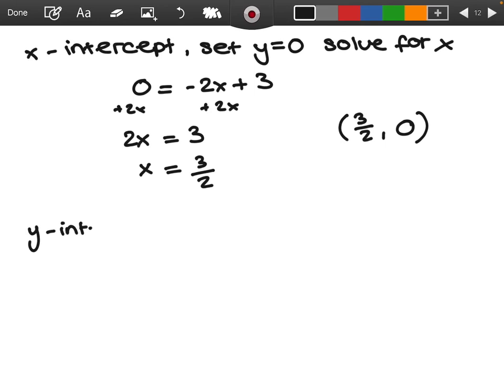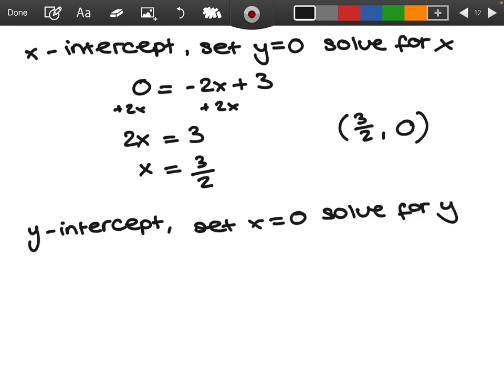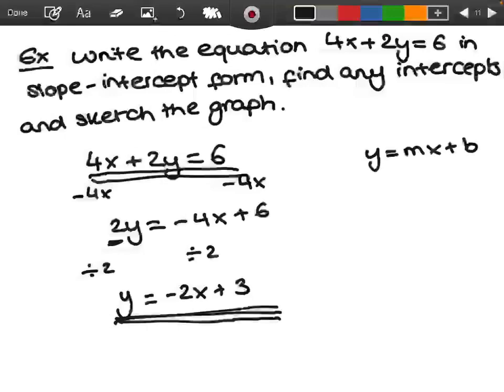For the y-intercept, I set x equal to 0 and solve for y. As I said, you can plug x is equal to 0 into either form of this line. You'll still get the same value for y, but to keep it consistent with the rest of this chapter, I'm going to do it for this particular slope-intercept form down here. So I'm going to set x equal to 0 and solve for y.